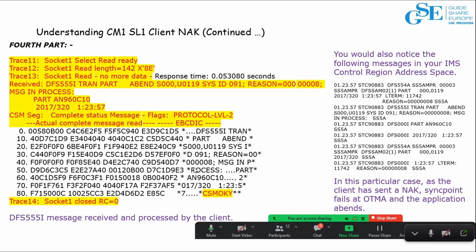So the end user who had entered this transaction on the terminal waiting for the response doesn't see the response back, but sees the DFS 555I message, and knows that there is some problem in the IMS system.